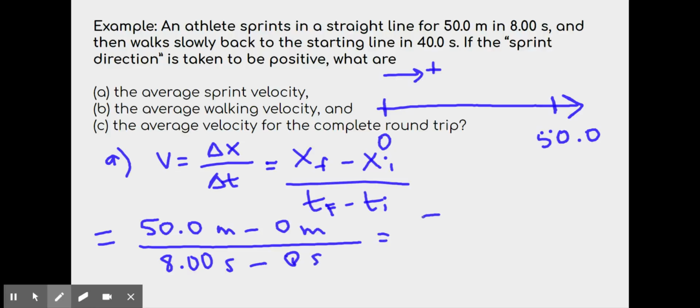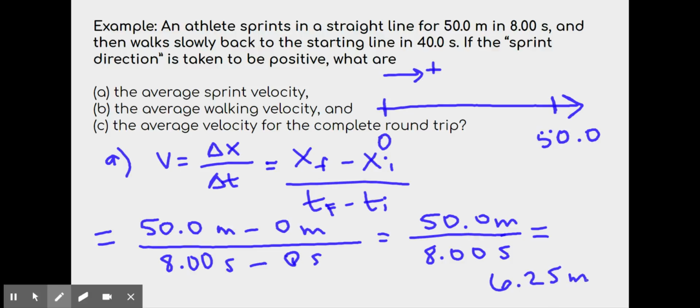So we end up with 50.0 divided by 8.00. Oh, I forgot my units. And 50 divided by 8 gives us 6.25 meters per second.